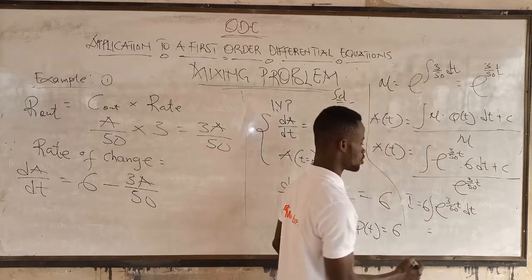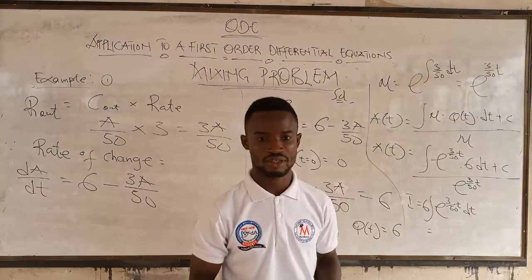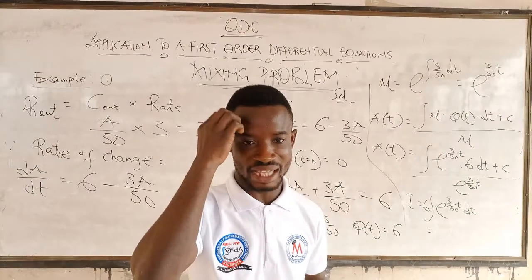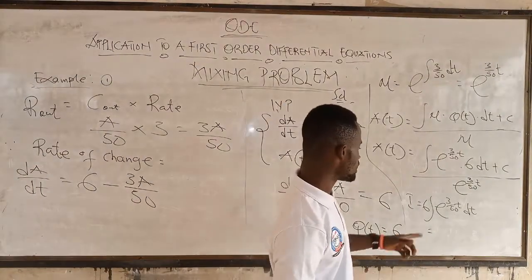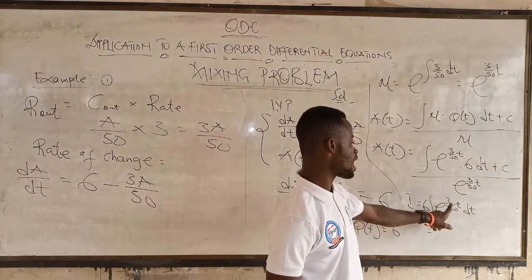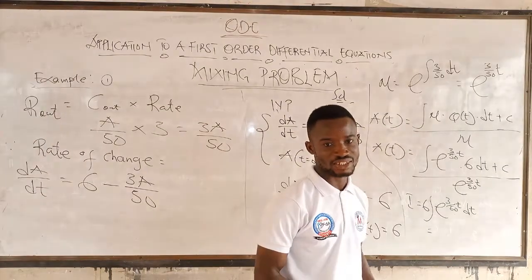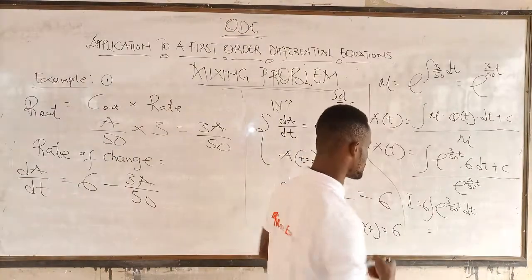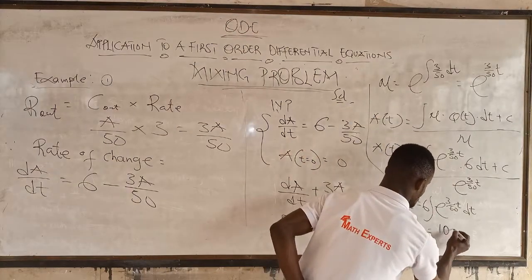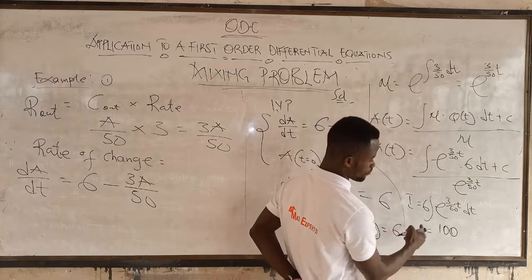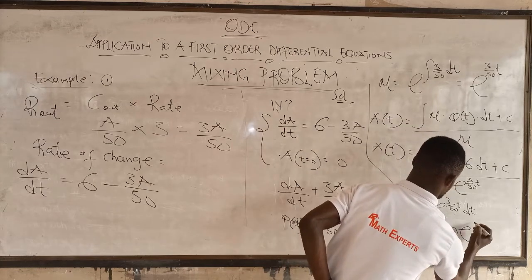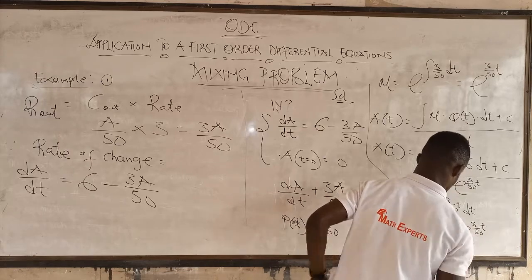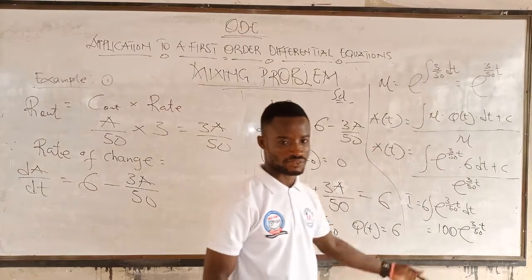Only that part is going to give you, here we are going to divide 6 over 3 over 50, and that's going to give you 100. So that is that for that.